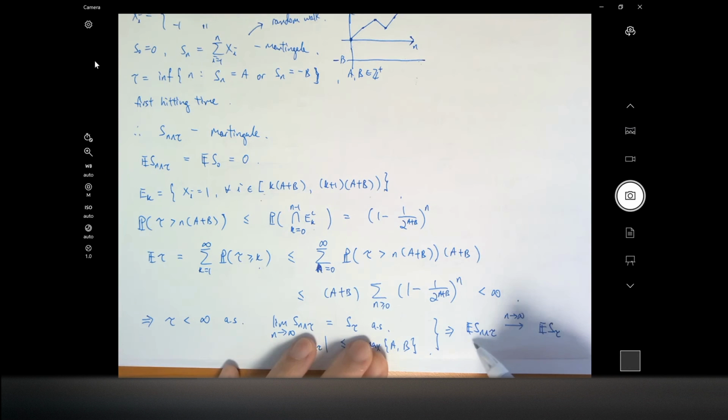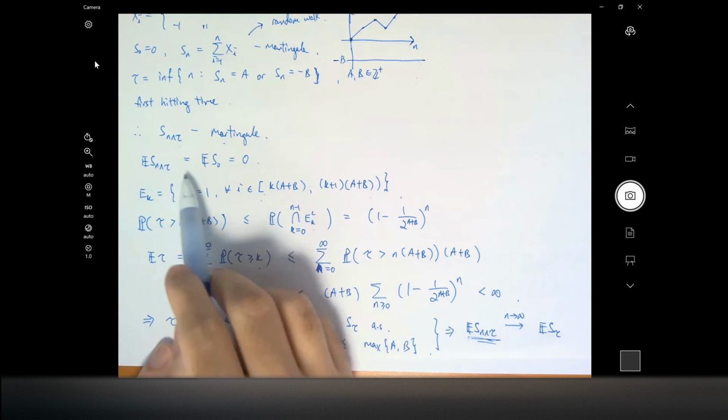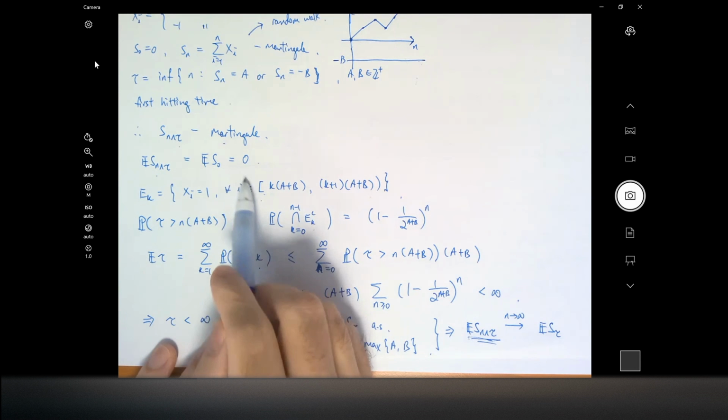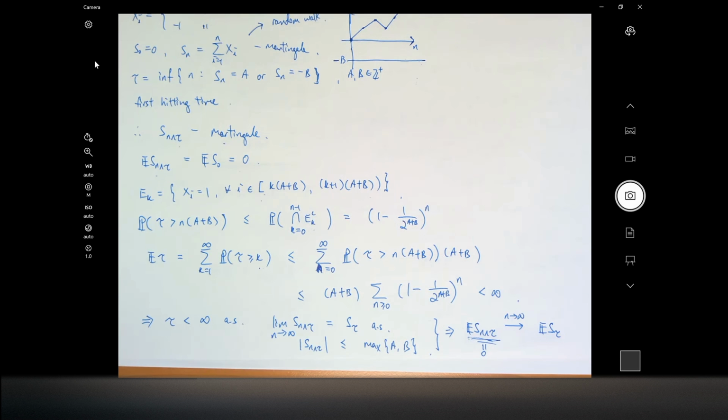All right, but we know that this is a martingale, we saw before, and the expectation of this guy is just 0. Okay, so we have just proven that the expectation of S_tau itself is equal to 0.